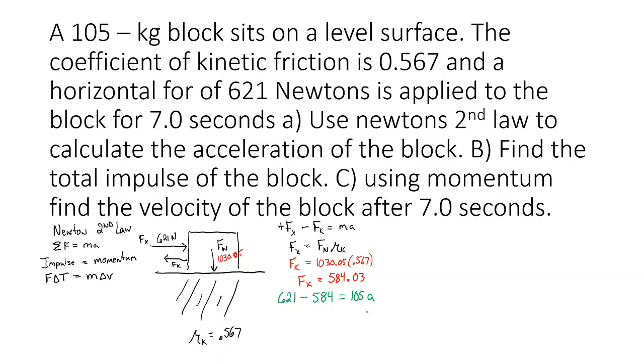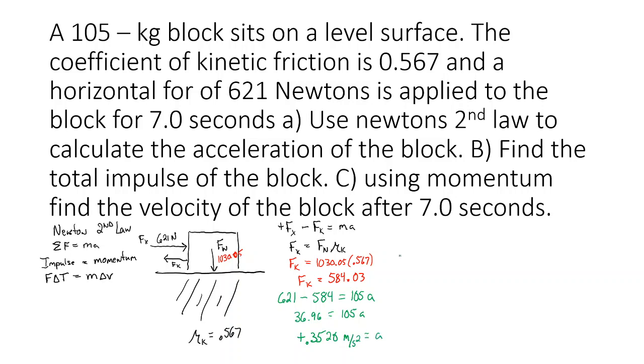So 621 minus 584, and I'm actually using 584.038 or so, we get 36.96 equals 105a. Then we'll divide by 105, and we get our acceleration being positive 0.3520 meters per second squared.